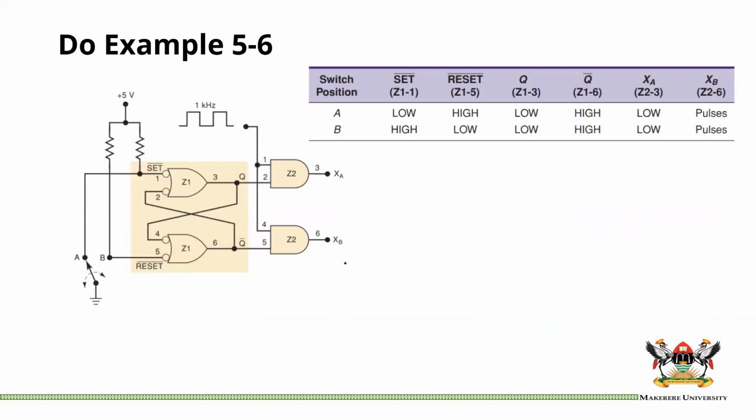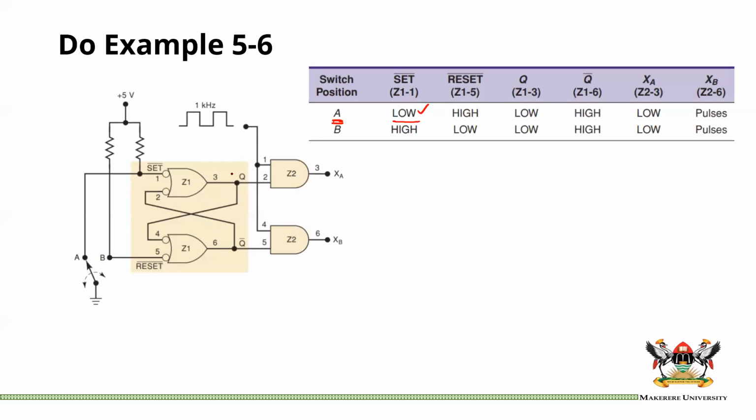Now we have the same circuit, but this circuit has an issue. We are going to see what the issue is. Let us look at when it is in position A. If it is in position A, we expect set to be 0. Set is 0, that's good.